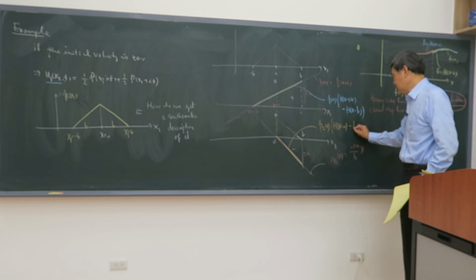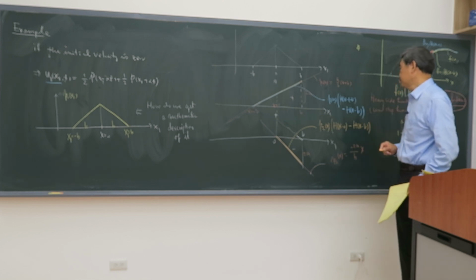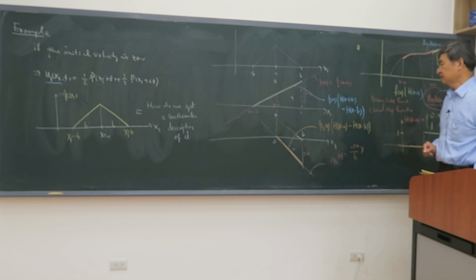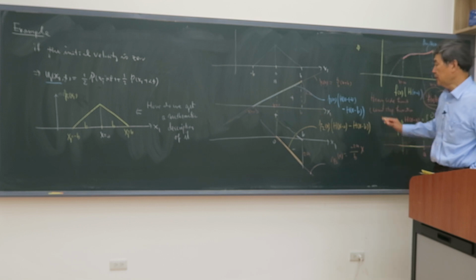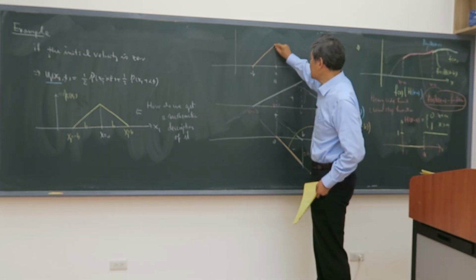And minus H x minus b. Okay? So this combination can give me this shape.